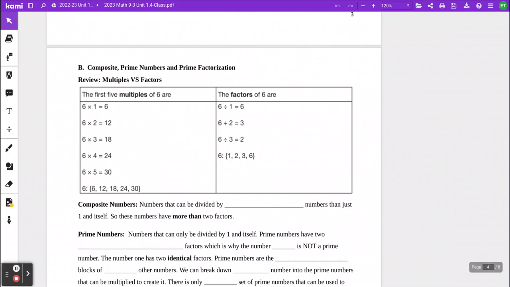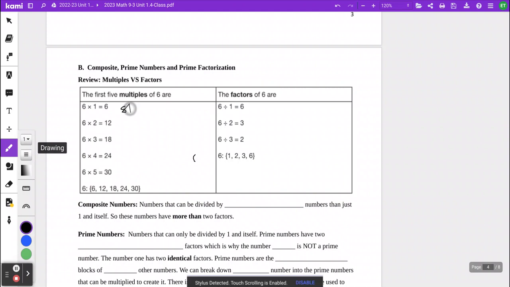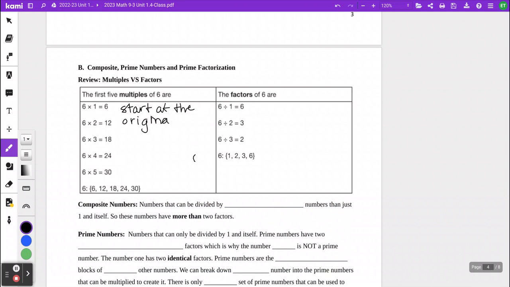Okay, continuing on, multiples versus factors. So multiples of 6, these are numbers that start at the number 6 and then get bigger. Okay, so these guys start at the original number and get bigger.